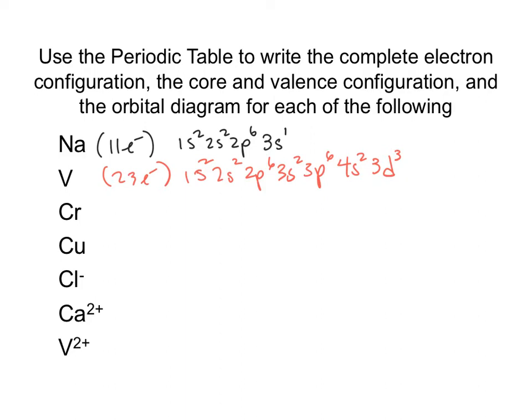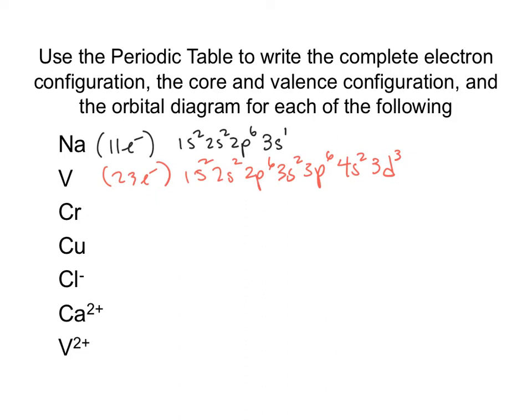Okay, I went through that pretty quick here. So you count in 23: 2, 4, 10, 12, 18, 20, 23. But you've got to remember the order, that it's 3p6 and then it goes up to 4s and it goes back down to 3 again for the 3d.